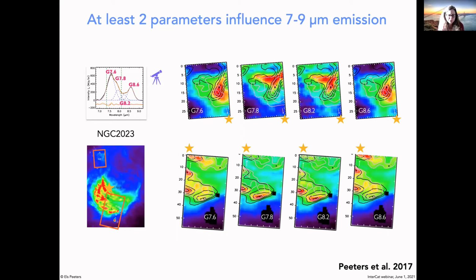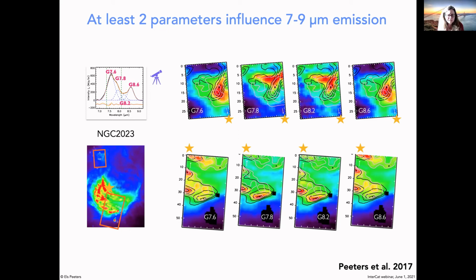The top row is for the north field of view, the bottom row for the south field of view. And you can see that the morphology between those 4 components in a given field of view is quite distinct. The middle 2, 7.8 and 8.2, are very similar, and the outer 2, the 7.6 and 8.6, are very similar. But they don't compare very well with each other.